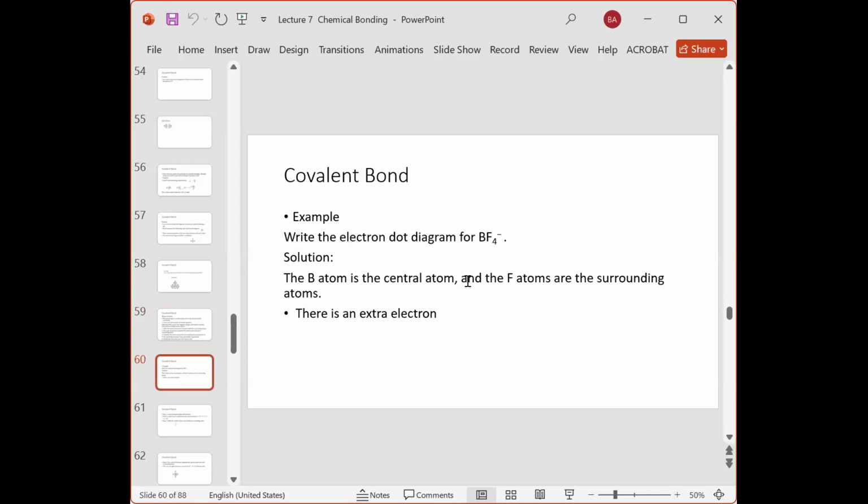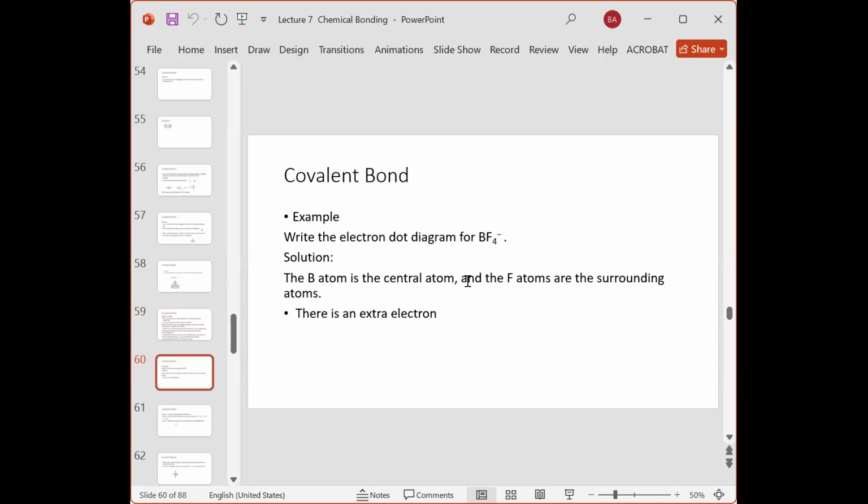Another example says write the electron dot diagram for the boron trifluoride ion, BF4 minus. Here you see it's a negative ion, an anion. So what has happened? That species has gained an electron.